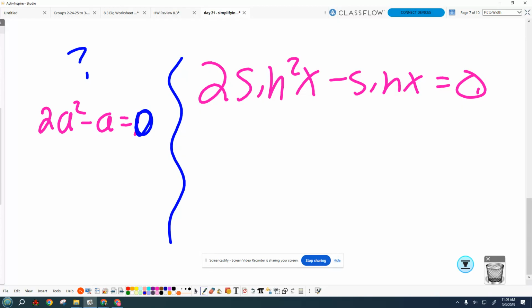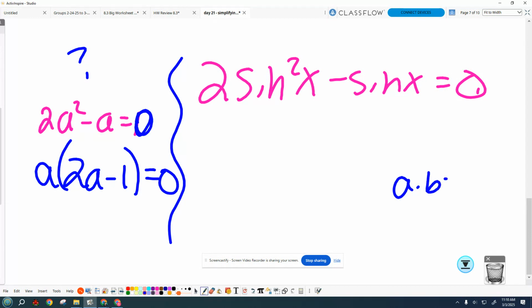I showed you another copy of the interval worksheet. Okay, here. I need to make it one thing times another equals 0. Because if I say A times B equals 0, what do you know about A or B?